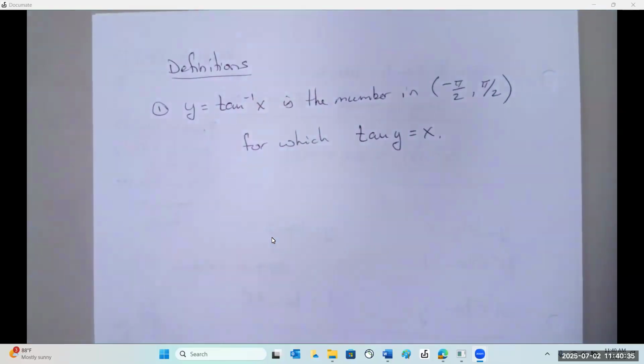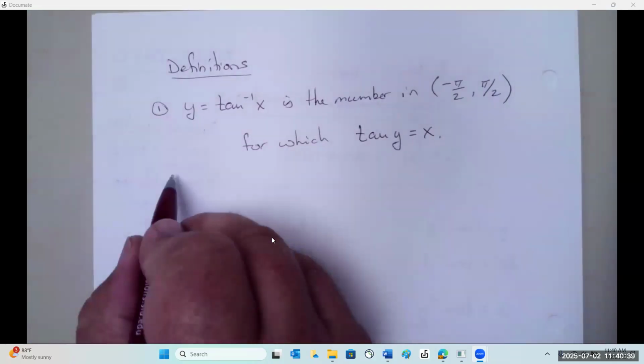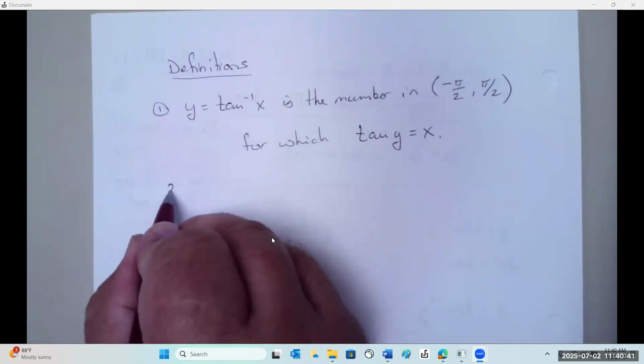And we're going to do this to all of them, actually. The last four, instead of sine and cosine.